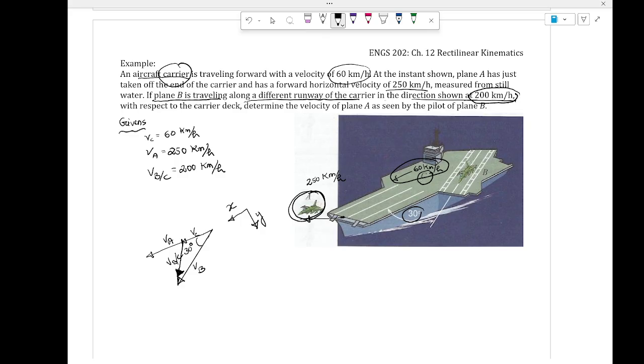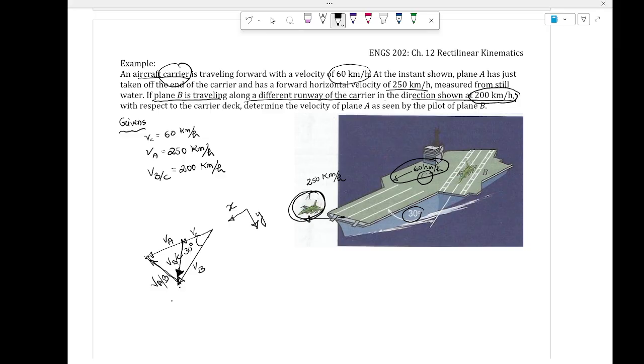Okay, so the final thing I'd like to draw is another relative velocity, which would be connecting the top two, which would be VA with respect to B. You can just forget about what I did in the middle. So you have this VA and you have this VB. That is connecting the finished part of those two arrows.